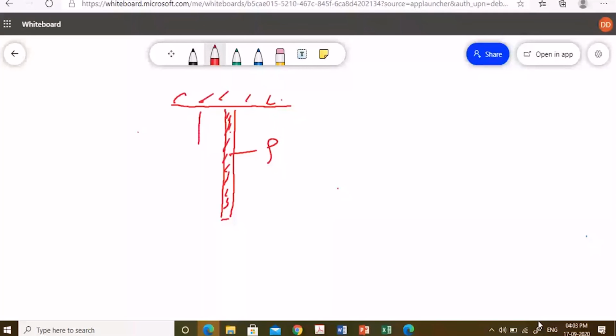Let's say this is a ceiling and a steel rope is hanging like this, having density rho and having length L. Let's say this direction is y direction. You have to derive an equation, sigma yy equals to, which is a function of rho, L and y.